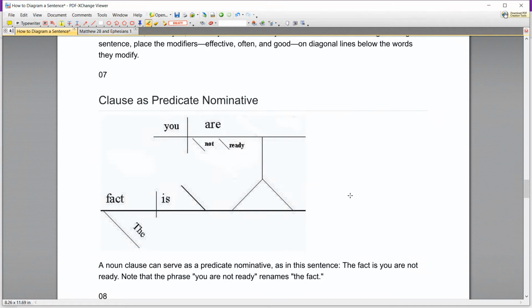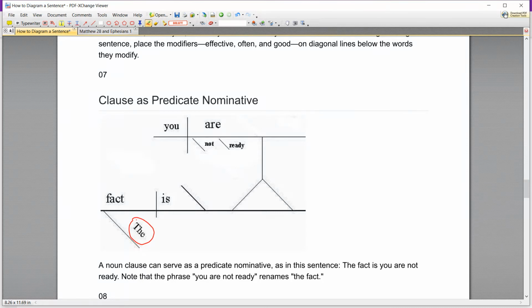So look at this sentence. The fact is you are not ready. So look at here. The fact, the here is a definite article modifying fact.